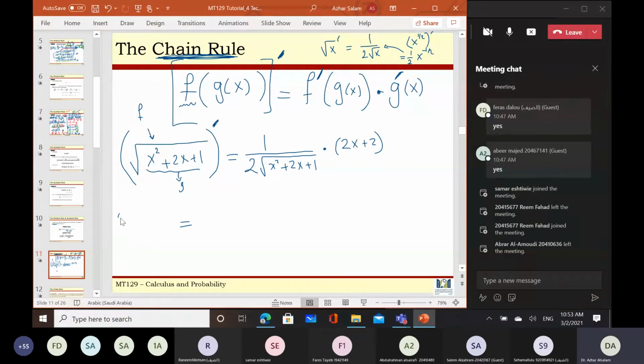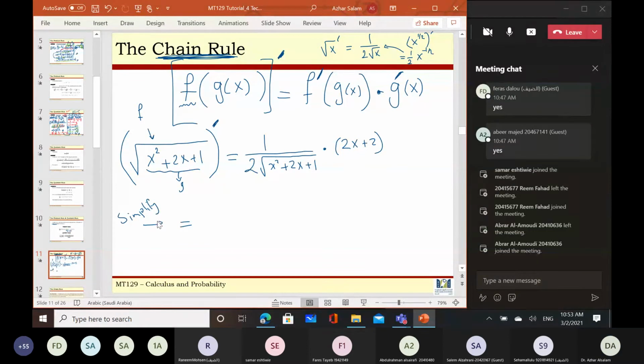Okay, now to simplify. I can actually write it as 2 times (x plus 1). I take 2 as a common factor, then divided by the same function here, the square root of x squared plus 2x plus 1.